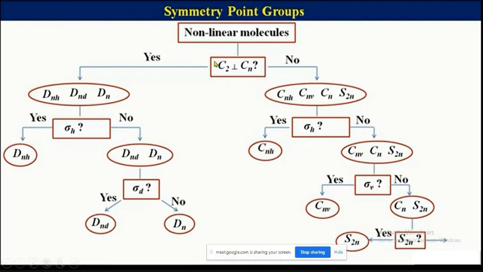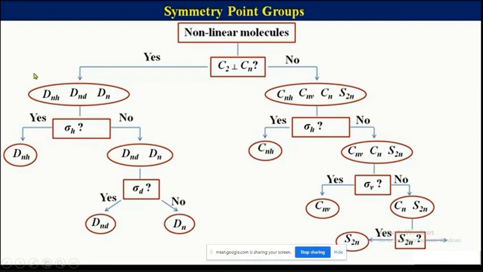But suppose C2 is not perpendicular to the rest of the axes of rotation. In that case, the four point group probabilities are Cnh, Cnv, Cn, and S2n. Let us move one by one.